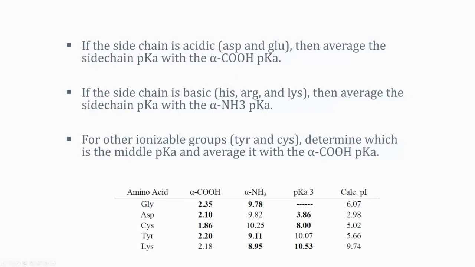If the side chain is basic, then average the side chain pKa with the amino pKa. For other ionizable side chains, like tyrosine and cysteine, determine which is the middle pKa and average it with the carboxyl pKa.